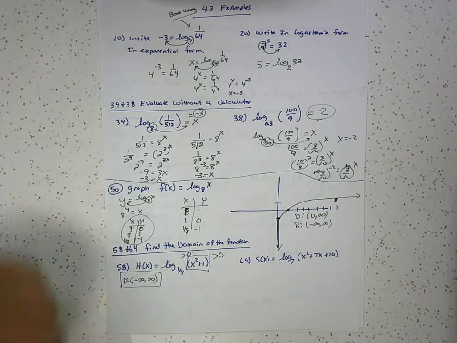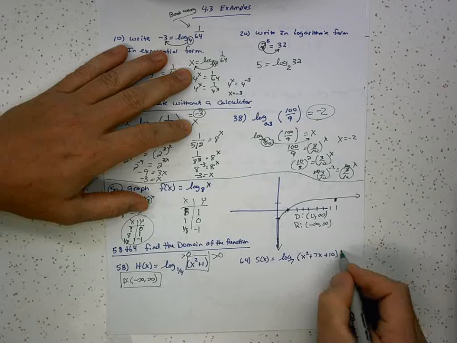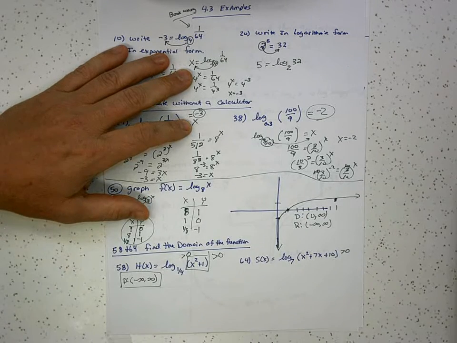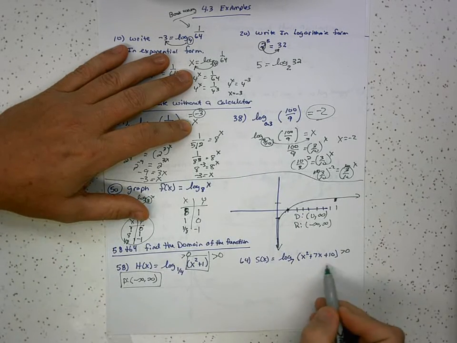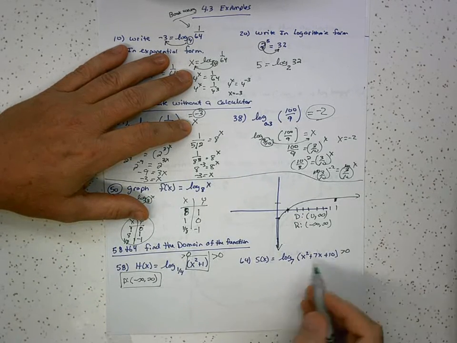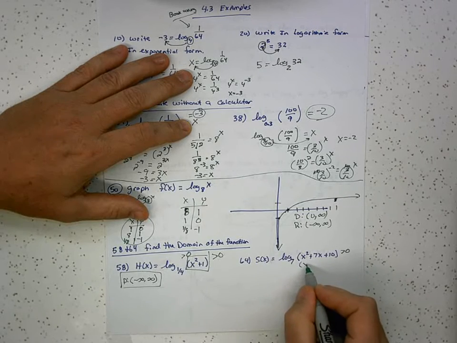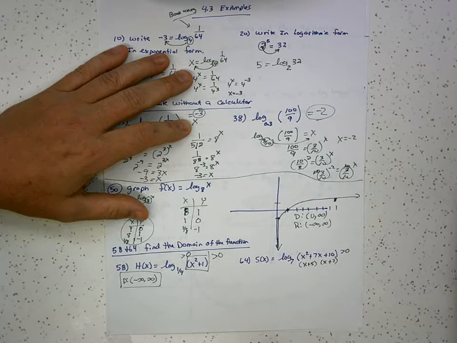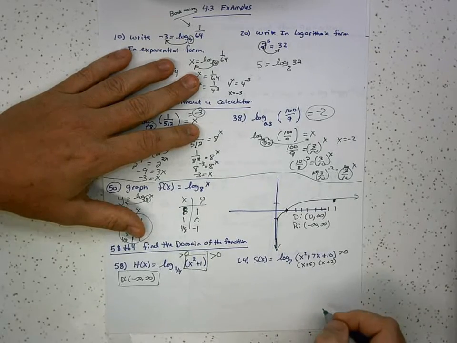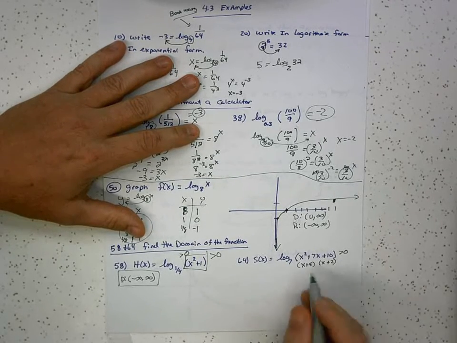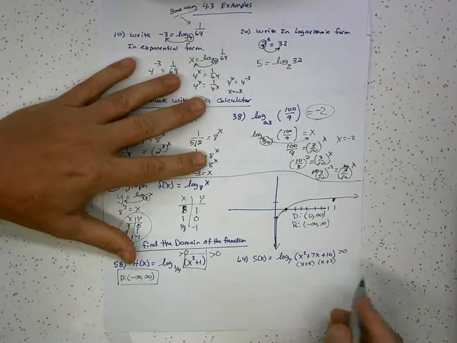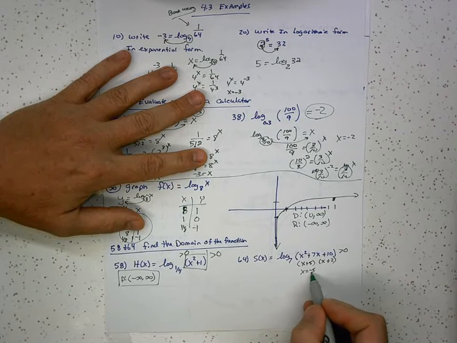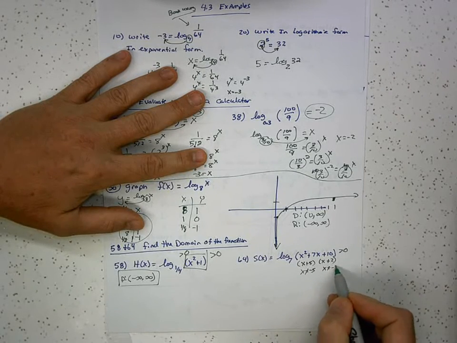The second one, if I'm looking at this, again, it has to be greater than 0. Well, inside here is a parabola. So what I do is I factor that. So I've got x plus 5 and x plus 2. Now, what people will make a mistake on with this one is right away they'll say, well, x can't be negative 5 and x can't be negative 2.